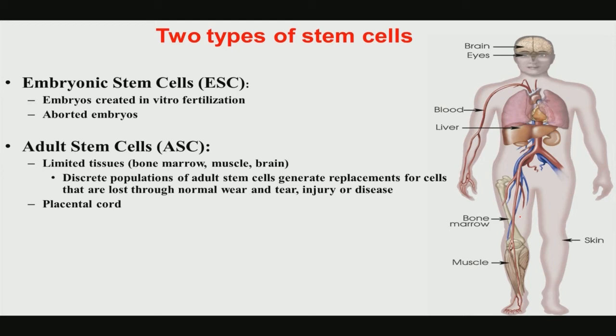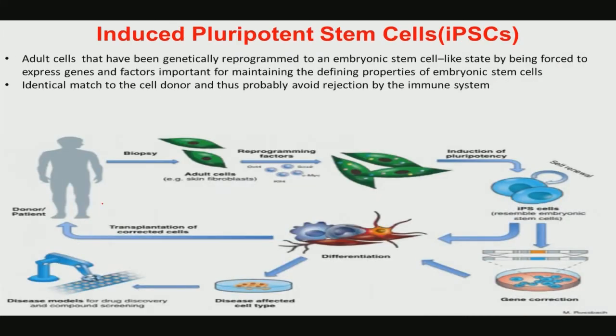These are discrete populations of adult stem cells that generate replacements for cells that are lost during normal wear and tear, injury or disease. Another place where adult stem cells can be obtained is the placental cord. On the right hand side, an image is provided just to show the different sources from which you can get the different types of stem cells that I have mentioned in this slide.